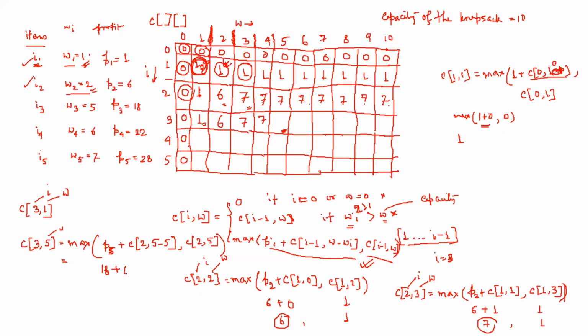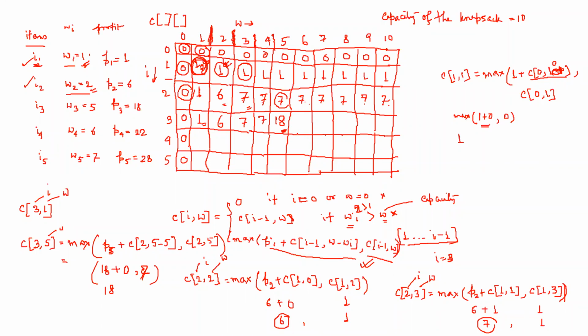So this is 0, comma C25. C25 means C2 comma 5, the 25 position, and this value is 7. Among them, which one is maximum? 18. So here we have to fill this position with 18.